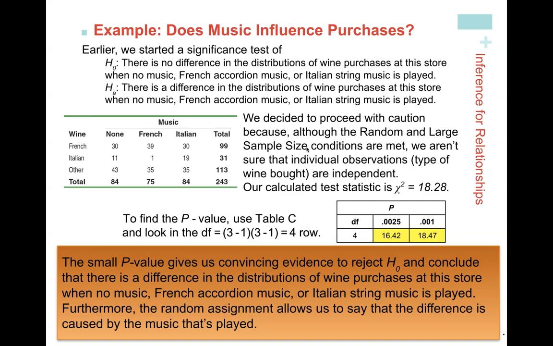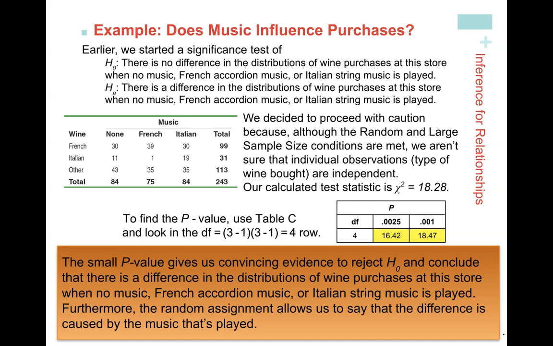So we're going to proceed with caution because although the random and large sample size conditions are met, we aren't sure that individual observations are independent of one another, right? So our calculated test statistic was chi-squared equals 18.28. Now, just looking at this one number, 18 is a pretty large chi-squared.